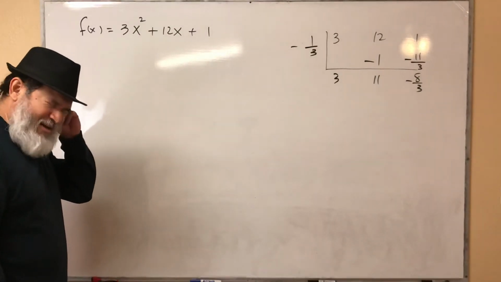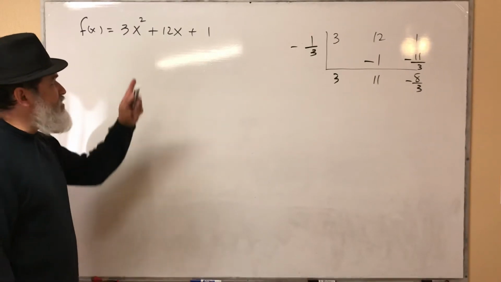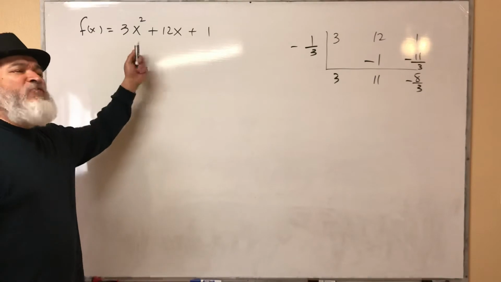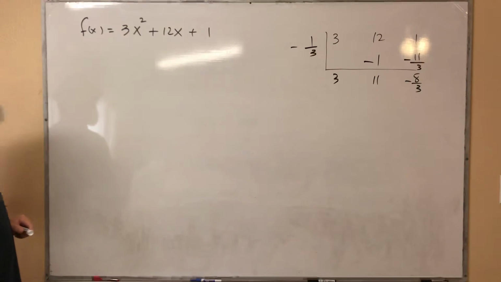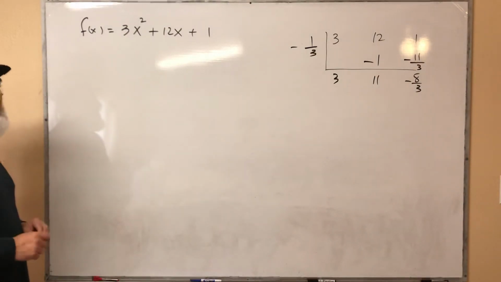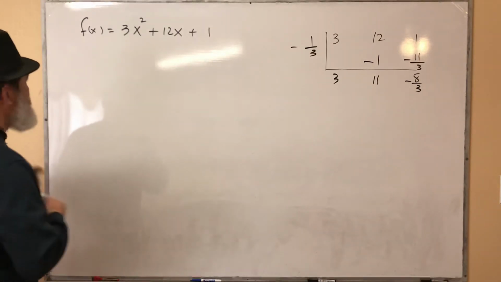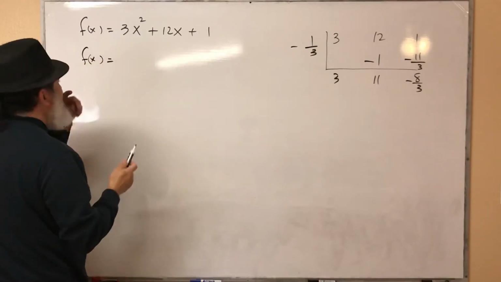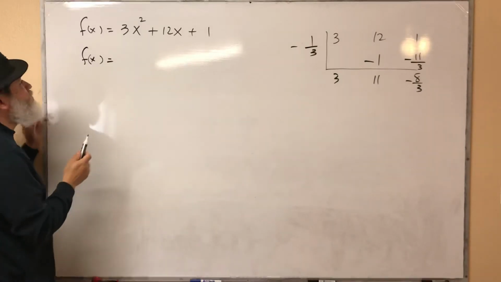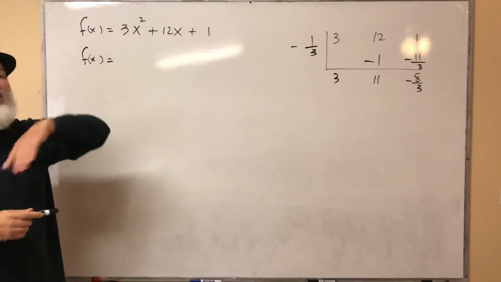There are two ways to find out. One way is to complete the square. I'm going to show you. I'm going to graph this for you guys. Complete the square. So f of x equals... Here's what I'm going to do. I'm going to divide everything by 3.